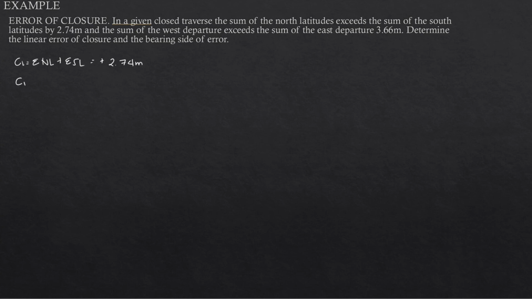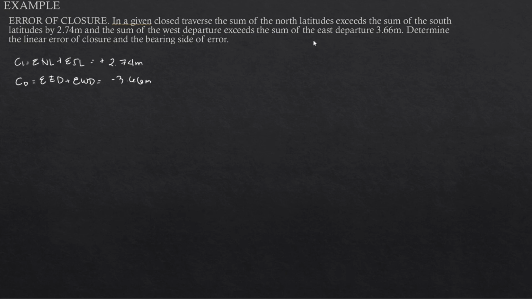So then meron tayong given din na CD, which is the summation ng east departure plus summation ng west departure, is negative 3.66 meters.